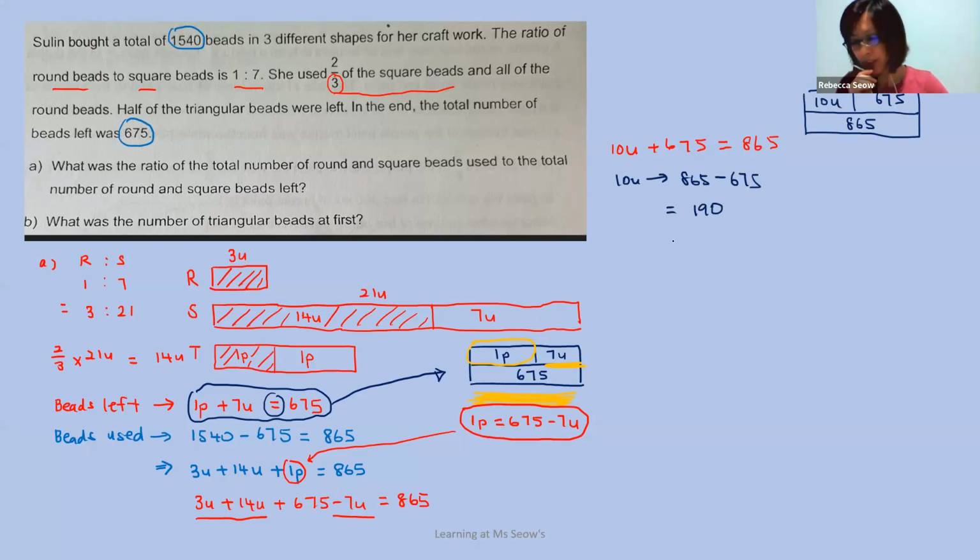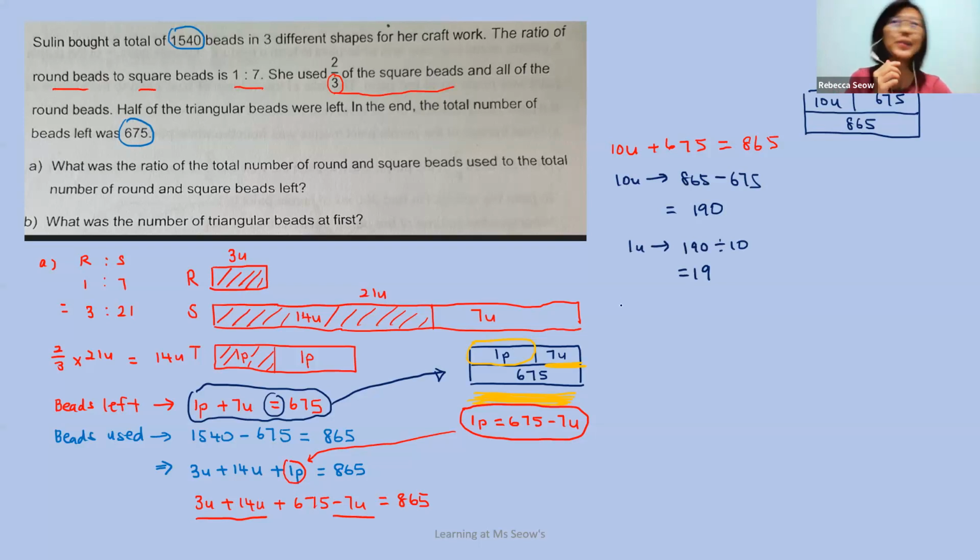So from here, we find that 1 unit is 190 divided by 10, that gives 19. Great. We have 1 unit already being 19.